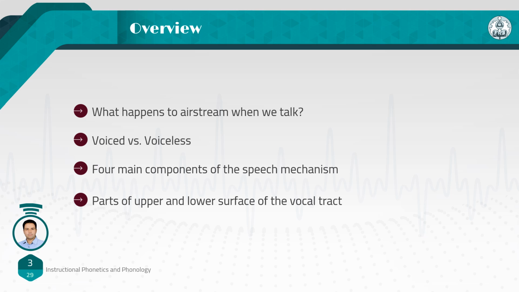Finally, we discussed different parts of the upper surface of the vocal tract and also parts of the lower surface of the vocal tract. Today we will talk about principal articulators of the vocal tract, and also we will talk about different places of articulation for consonants.